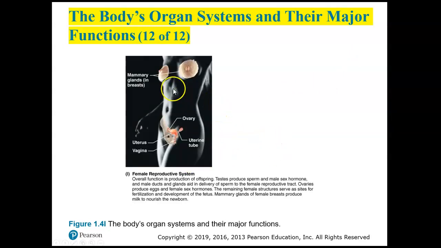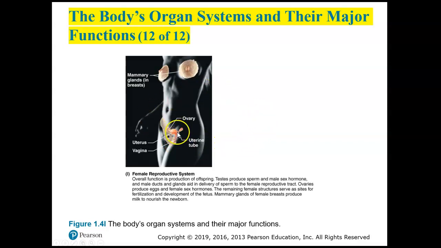Then we have the female reproductive system, which involves the mammary glands, the ovaries, which produce estrogen and progesterone, the uterus, uterine tube or fallopian tube, the vagina.